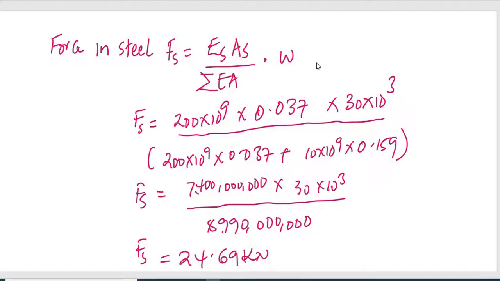Therefore, the weight that is going to be withstood by steel is going to be ES times AS times the total weight divided by the sum of the product of modulus of elasticity and area of the different materials. Substituting in would give 200 times 10 to power 9 times 0.037, which is the area of steel, times the total weight, which is 30 kilonewtons, divided by 200 times 10 to power 9 times 0.37, plus the modulus of elasticity of concrete, 10 times 10 to power 9, times 0.159, which is the area of concrete.